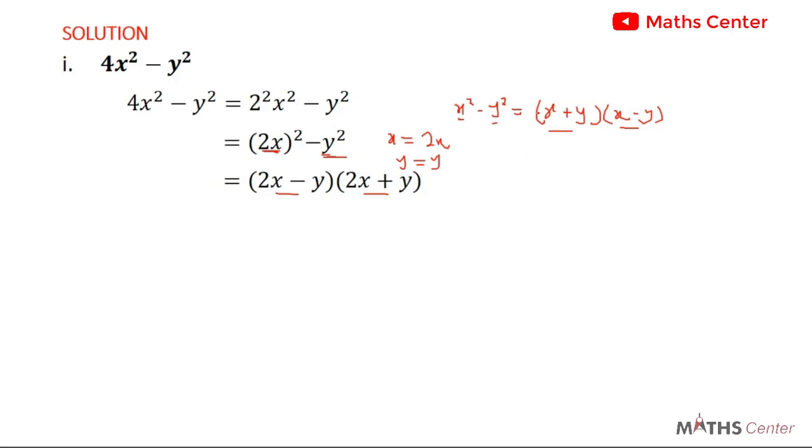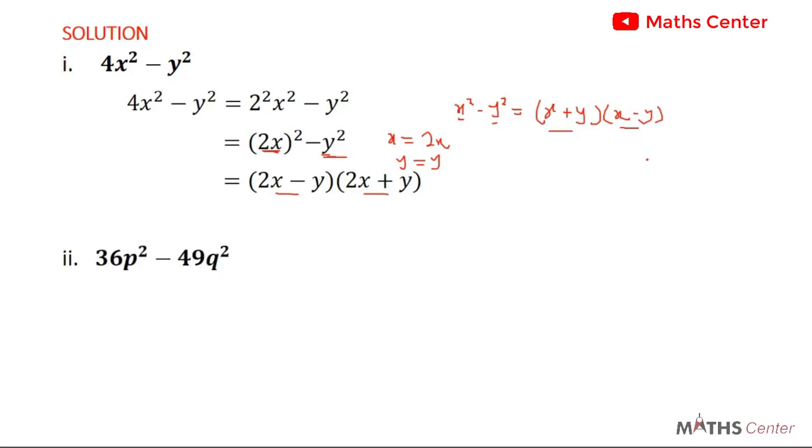Then it's written as the first term plus the second term in one bracket, the first term minus the second term in another bracket. You can change the positions and it doesn't matter. Remember when we were learning real numbers that we said that multiplication of real numbers is commutative. So you can change the position and it doesn't matter.